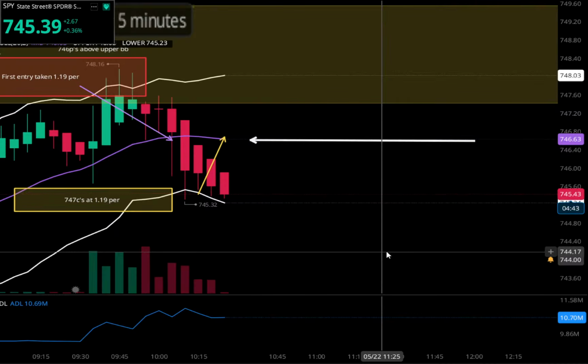Lower Bollinger's expanded downward to 747.23. So till we push that lower Bollinger, I'm not entering calls.